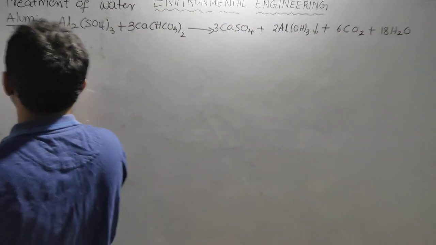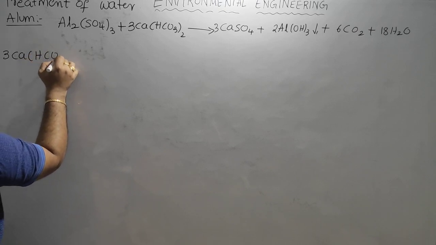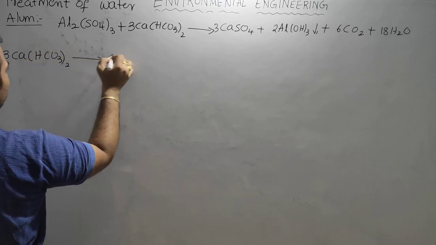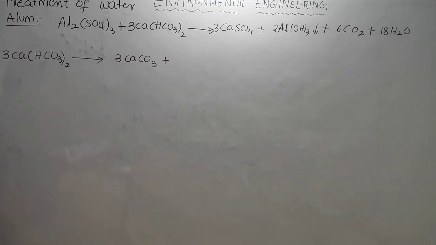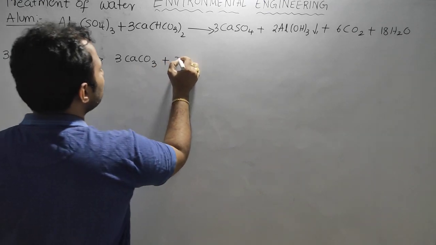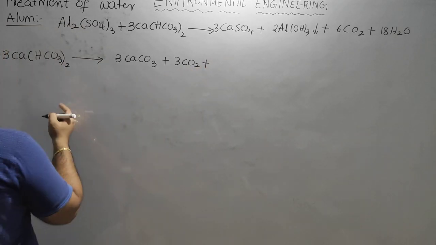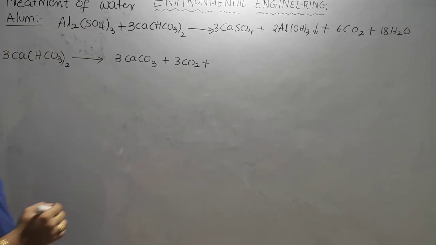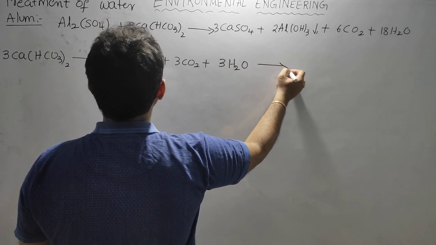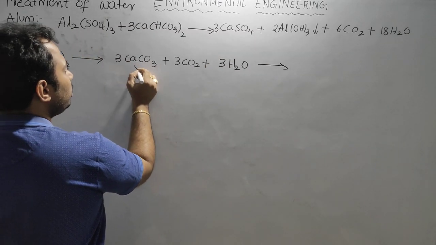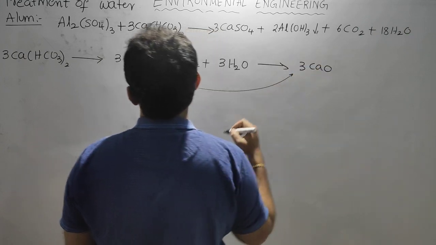Now this 3 Ca(HCO3)2 gives rise to 3 CaCO3 plus 3 CO2 plus 3 H2O. Again this 3 CaCO3 gives 3 CaO plus 3 CO2.